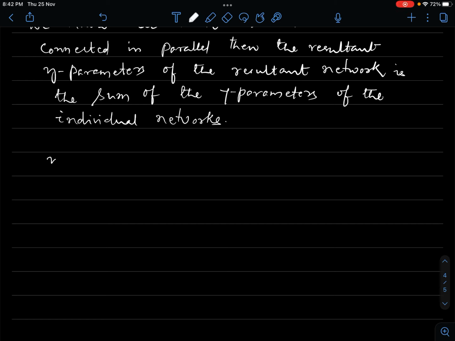That means y11 is simply, for the first network it is 3 Mohs, for the second network it is 3 Mohs, we add the two and we get 6 Mohs.